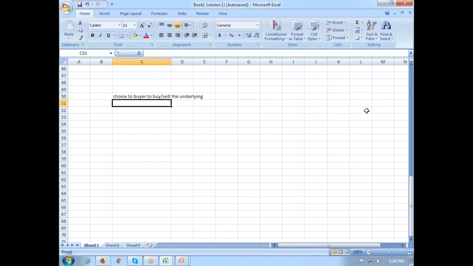If I am the buyer of an option, then I can choose to buy the underlying or not, to sell the underlying or not. Sir, I am the buyer, then how can I choose to sell the options? Let me go step by step and then you will understand what I'm trying to say. It's a choice given to you to buy or sell the underlying.